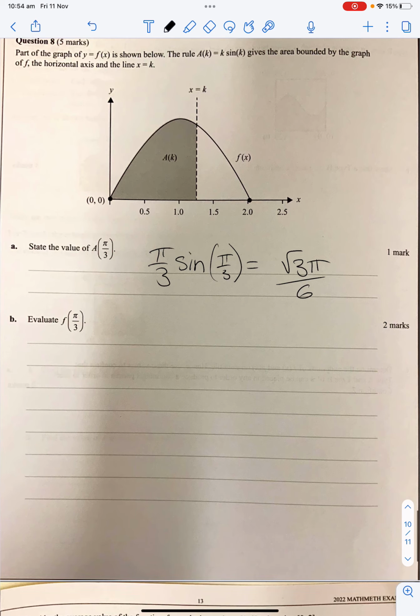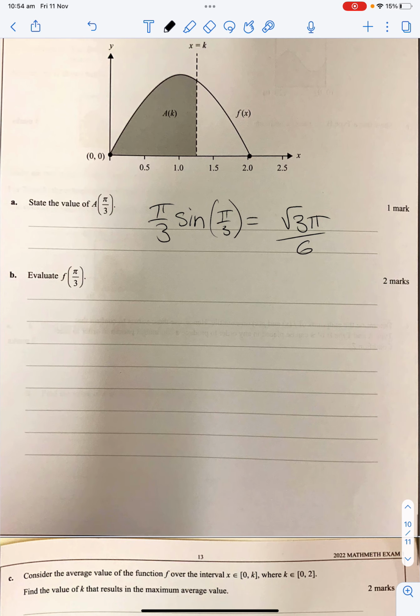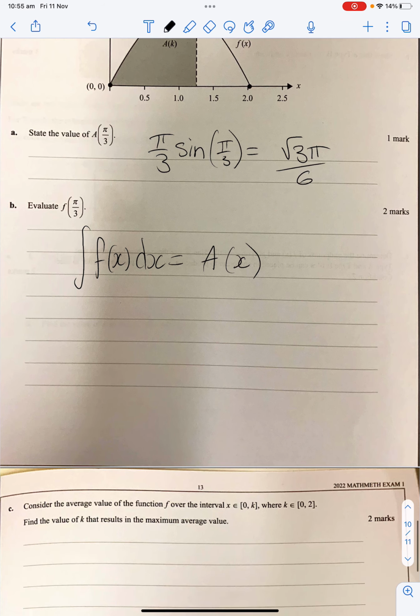Evaluate f of pi on 3. Now, the integral of f of x dx is equal to the area of x. So then therefore the derivative of the area is going to be the function.